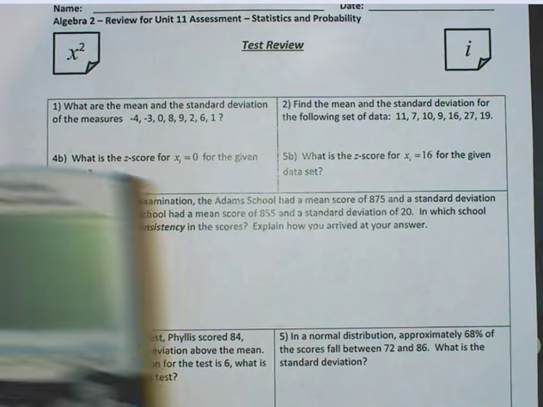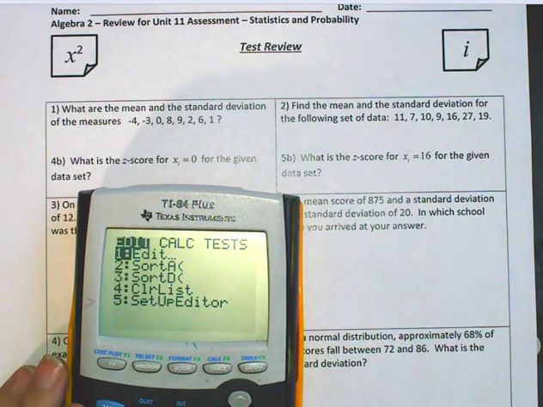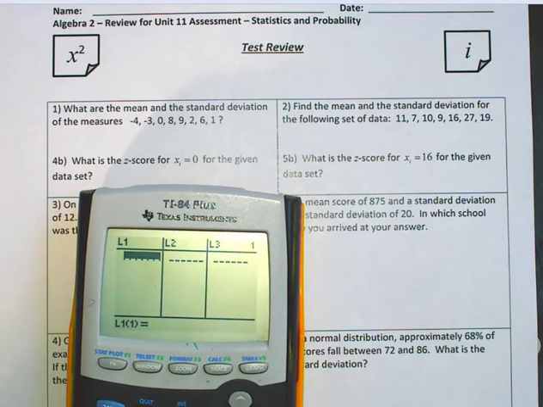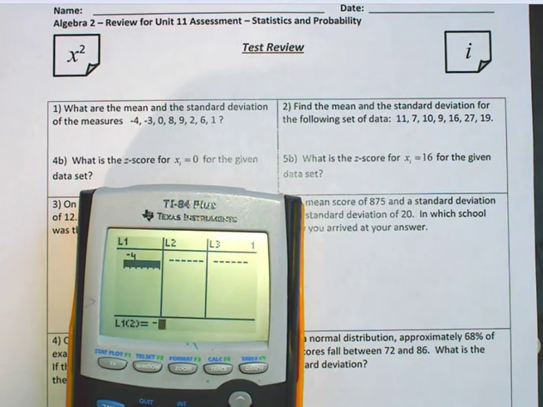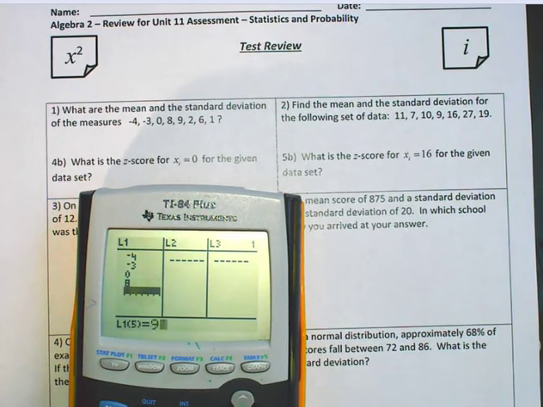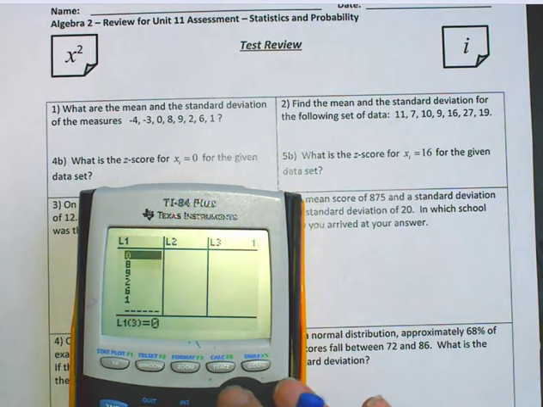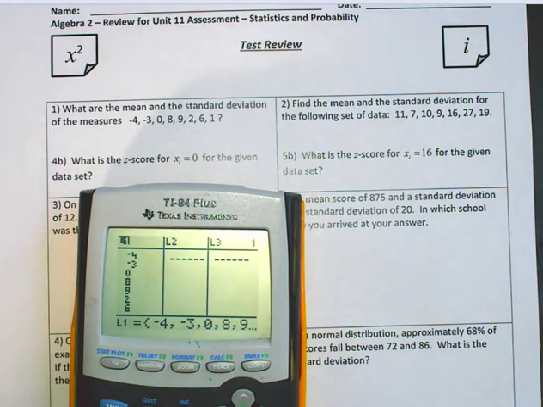And we're going to put it into Stat Edit. And then we're going to enter those values into List 1. Always make sure that you double check that you have all the values correct. Okay, and then it wants the standard deviation and the mean.